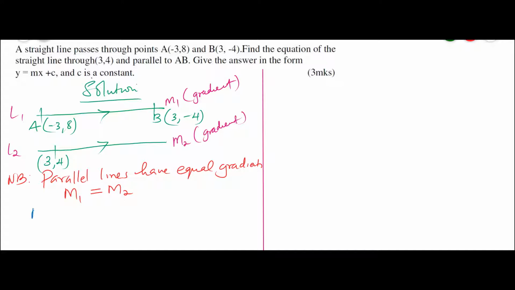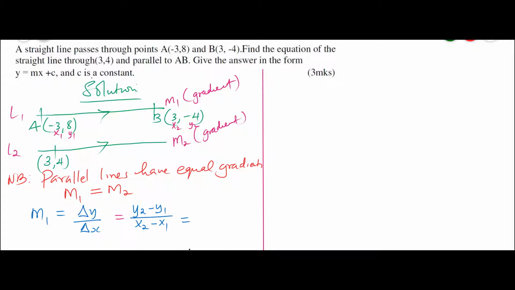The gradient is given by the change in y over the change in x. We label this one as x1, y1, and this one as x2, y2. So the gradient is (y2 minus y1) over (x2 minus x1).